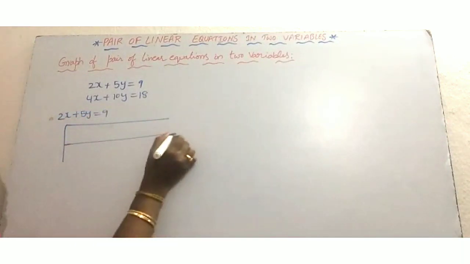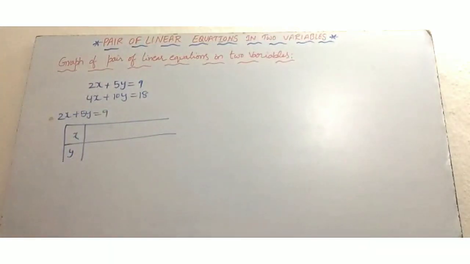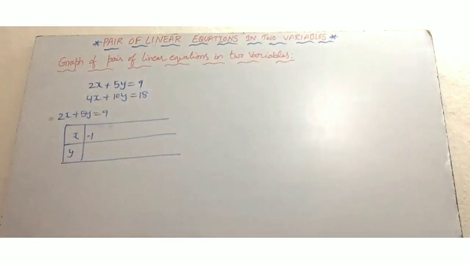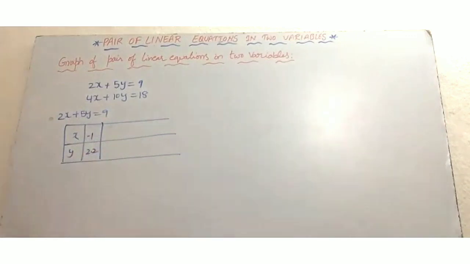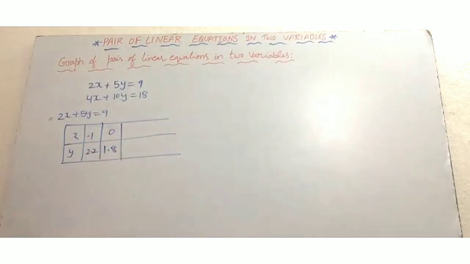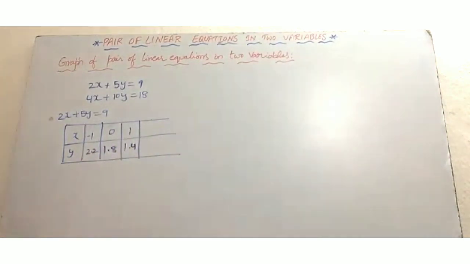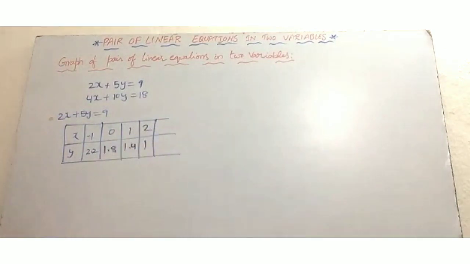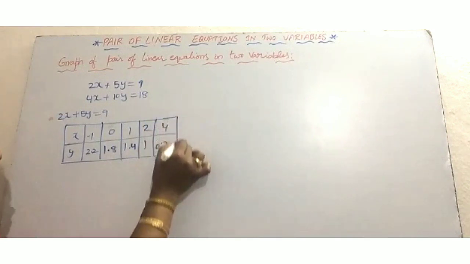If I take x as minus 1, we will get the value of y as 2.2. And if I take x is equal to 0, y is 1.8, and I will take x equal to 1, y is 1.4. And if I take x is equal to 2, y is equal to 1. And if I take x is equal to 4, y is equal to 0.2.